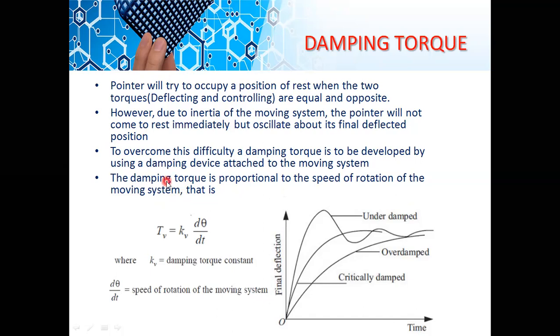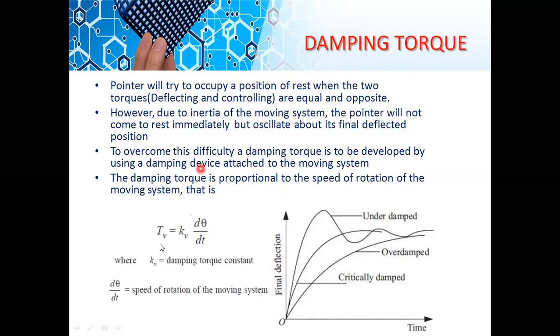If the deflection torque is less, obviously the speed of rotation will be less. If the speed of rotation is less, damping will also be less automatically. But if the speed of rotation is more, then the damping torque will be more.